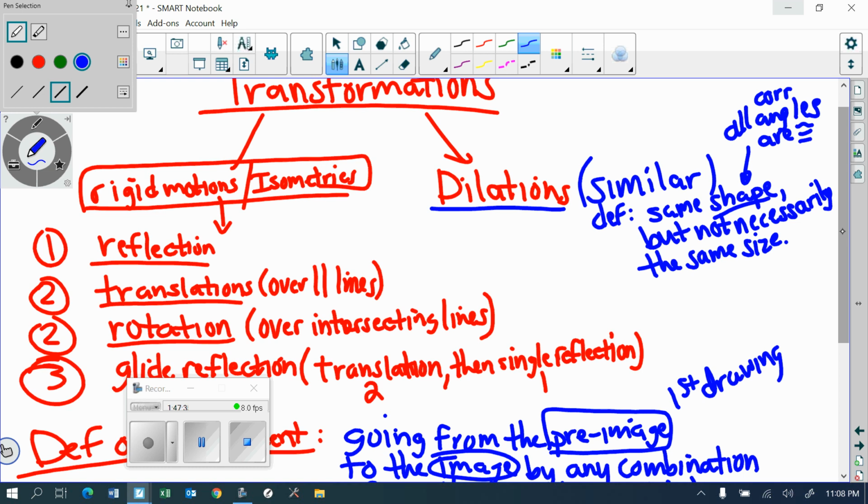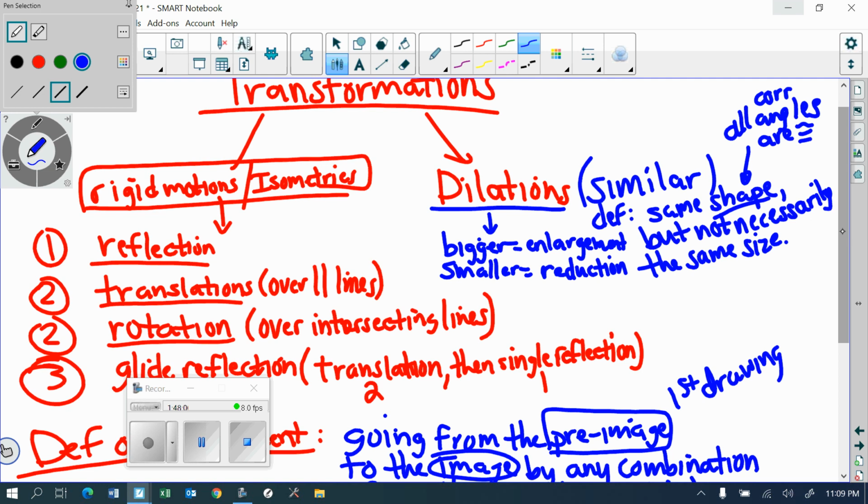If it gets bigger, for the pre-image to the image, that's called an enlargement. It's all vocabulary you need to memorize. If it gets smaller, so the pre-image, and then it goes smaller, that's called a reduction. Their side lengths will be either larger or smaller, but it's got to be by the same ratio every time.